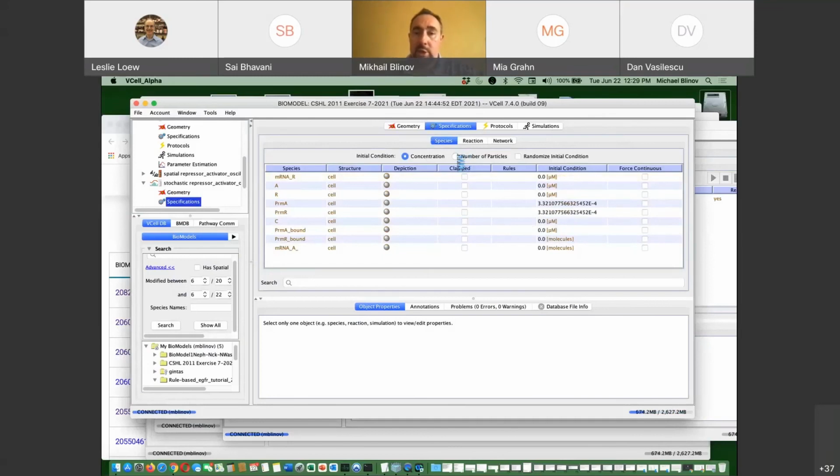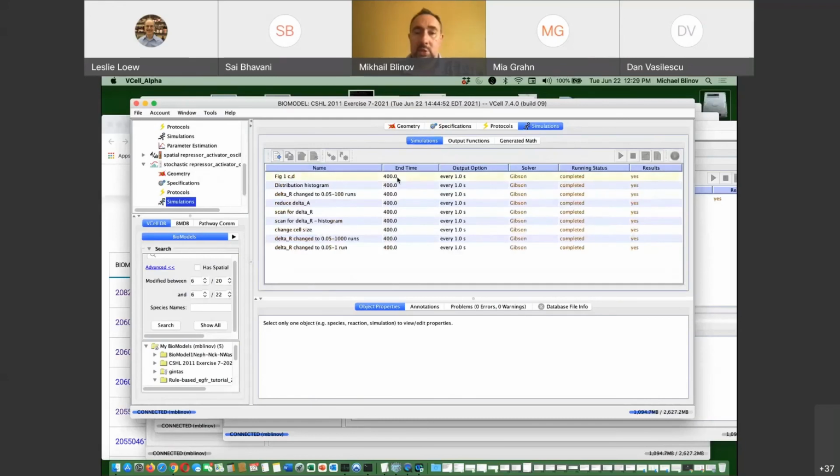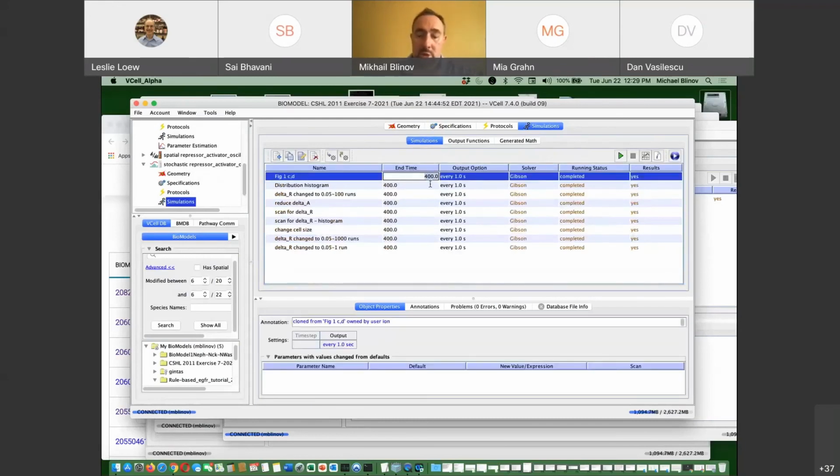Then we go back to the number of particles, simulation, and switch it to 200 to make it faster, and we can run it locally.